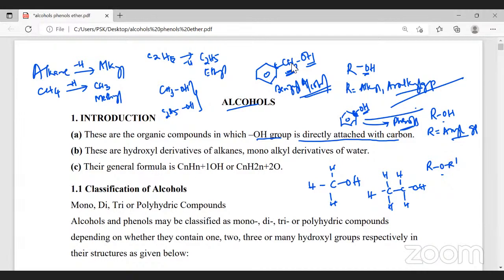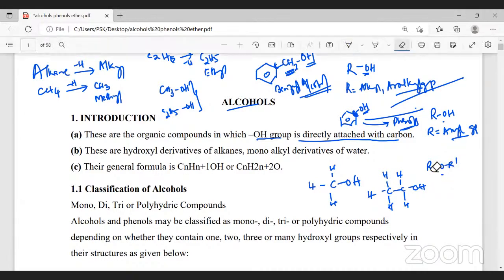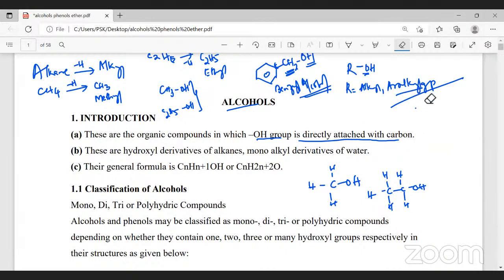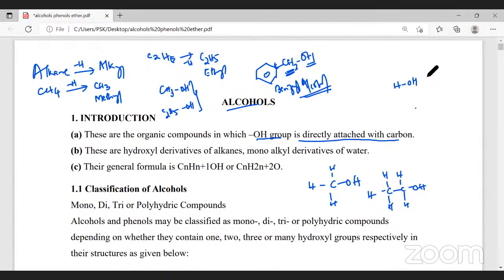Alcohols are hydroxyl derivatives of alkanes, monoalkyl derivatives of water. Mono means one alkyl derivative of water. We can write H-OH, and if one hydrogen atom is replaced by an alkyl group, you get CH3OH. Therefore, we say monoalkyl derivative of water.